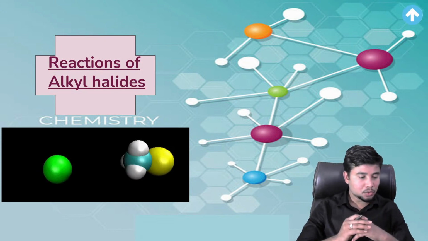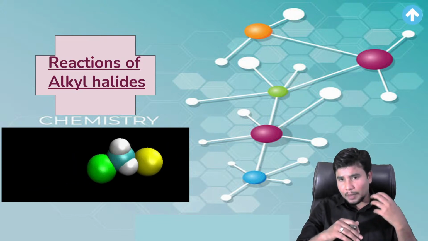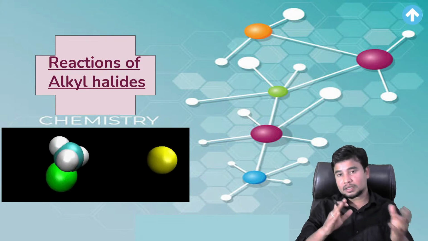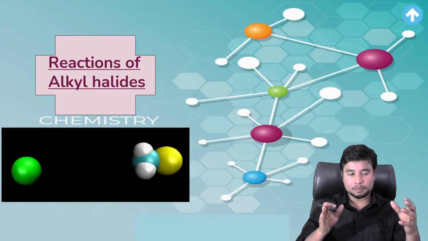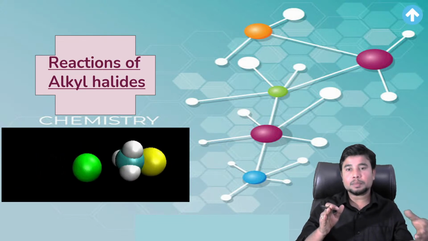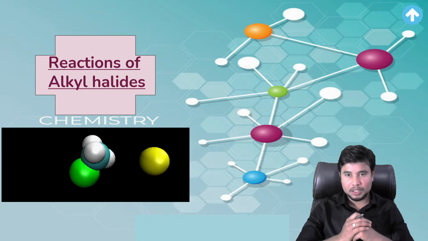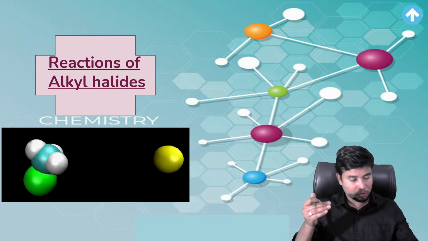We'll now use those reaction mechanisms and look at some more. We already covered the substitution mechanisms. We haven't covered the elimination mechanism yet, so we'll be covering that as well and moving forward from that topic onwards.